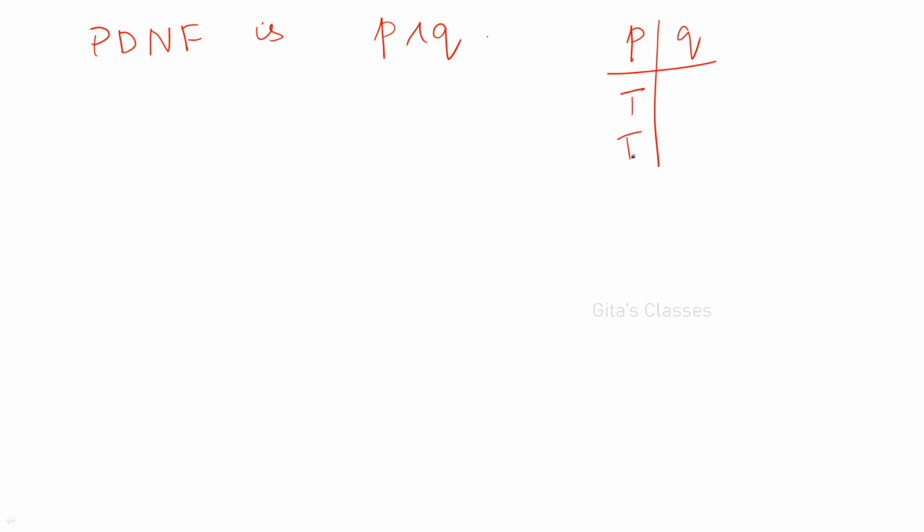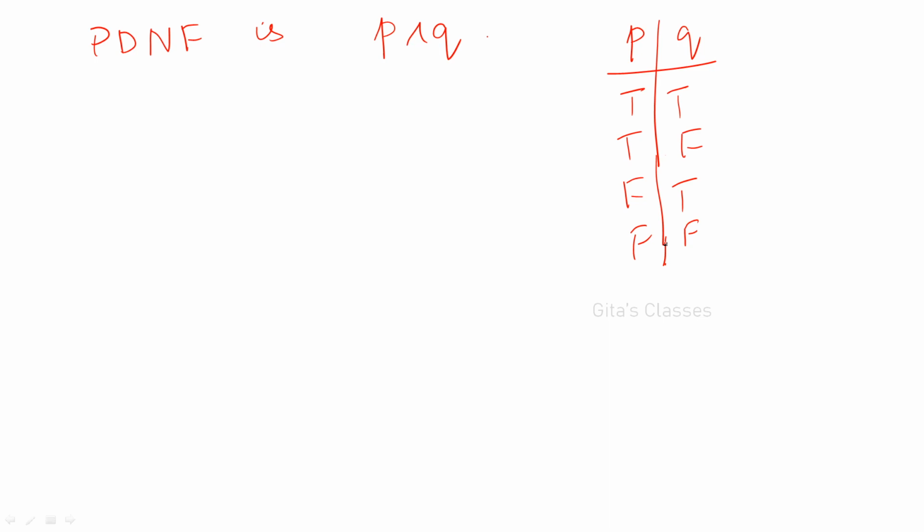Now once you get the PDNF, then you can find out the PCNF. So PDNF of the given expression is P and Q. Now using this table only we are going to find that. If you have two variables, TT, FF, TF, TF.